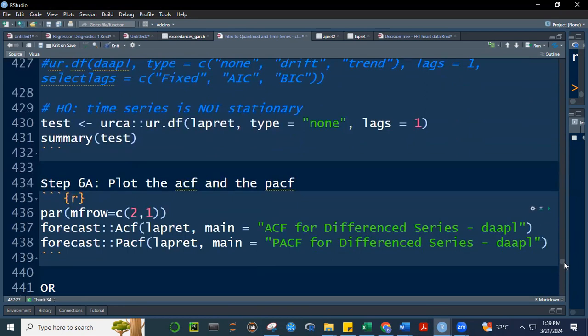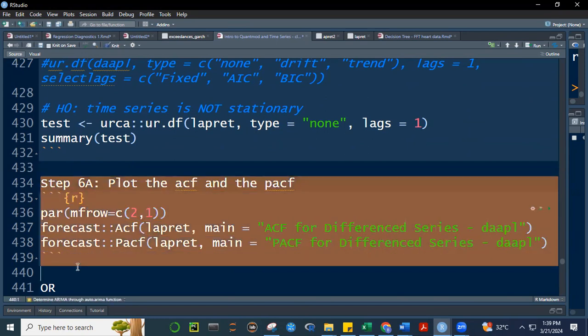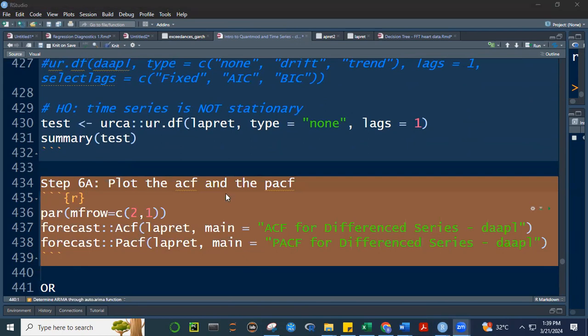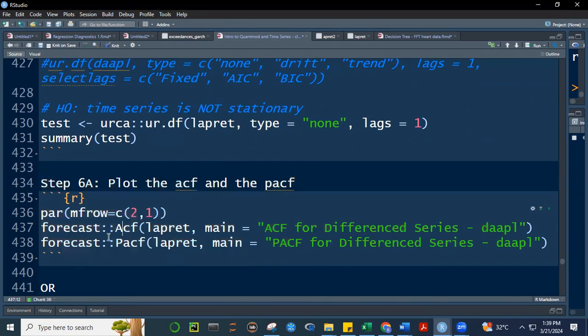Alright. Now, how do we plot, class? In the interest of time, i-share ko sa inyo yung code na to. So we're going to make use of the forecast package. Sa forecast package, merong function na ACF there, autocorrelation function. And then what autocorrelation are we doing, class? Yung object natin, yung LAPRET. Meron din siyang partial autocorrelation function.